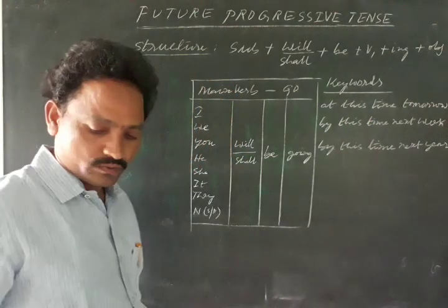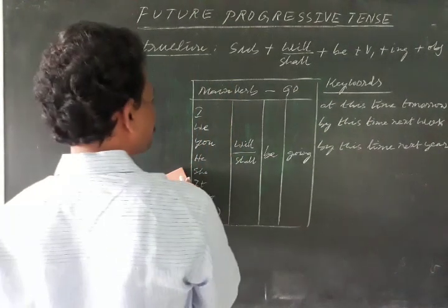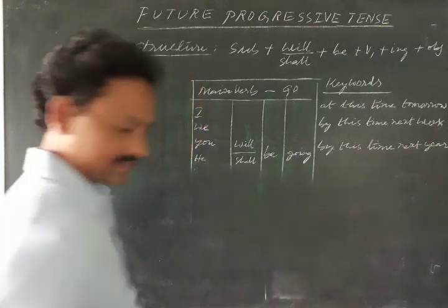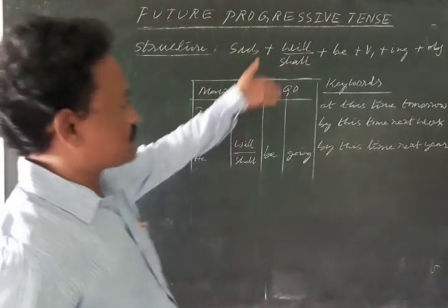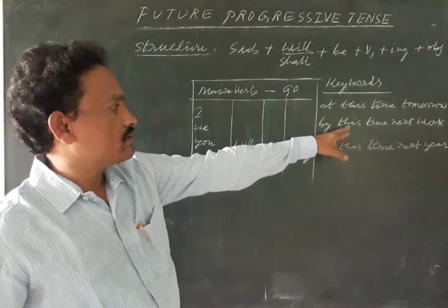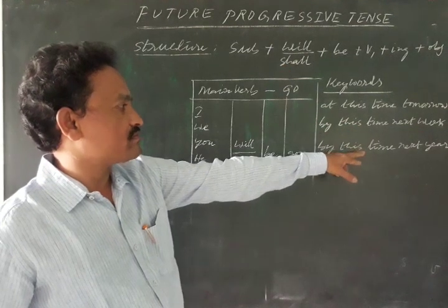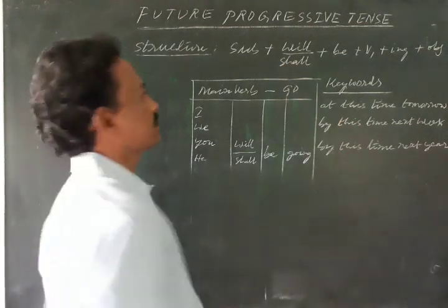Then rule. Let me write the rule. Observe this once: at this time tomorrow, by this time next week, by this time next year, like that.